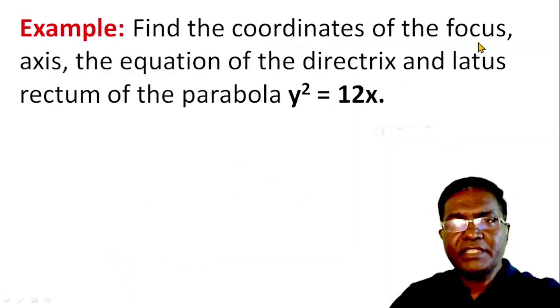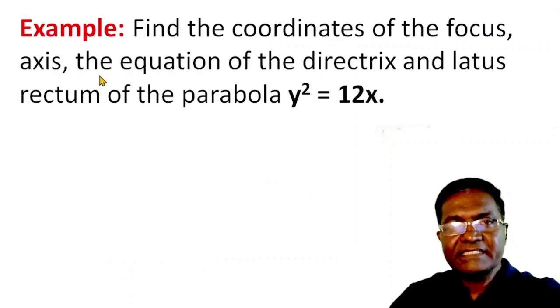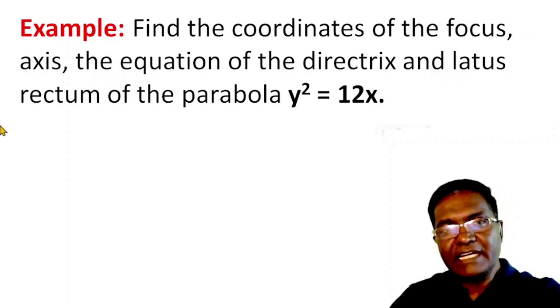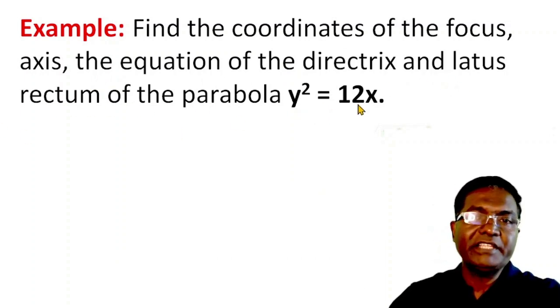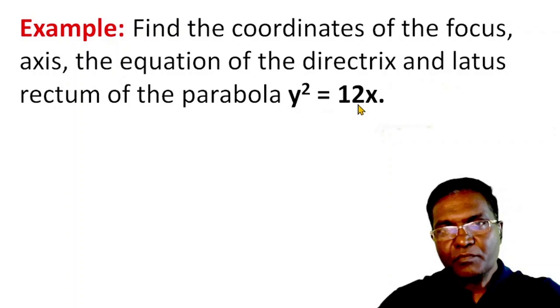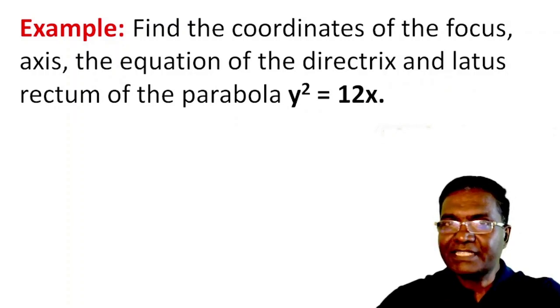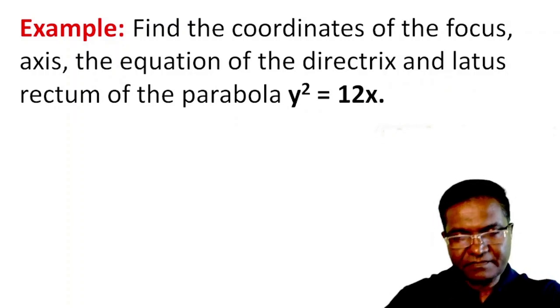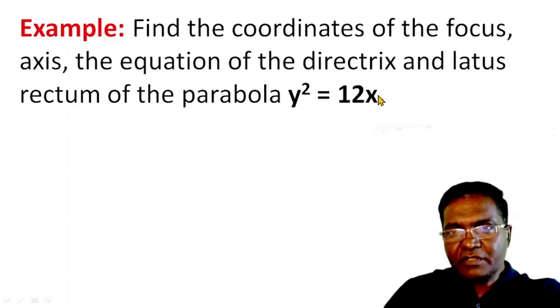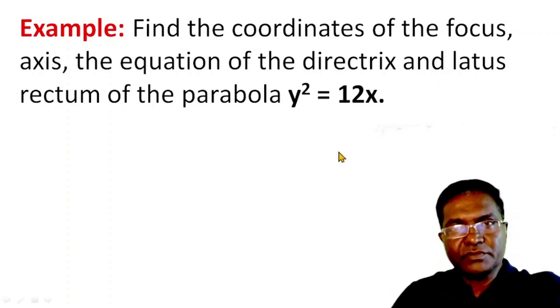Find the coordinates of the focus, axis, the equation of the directrix, and latus rectum of the parabola y square equal to 12x. Pause the video and do yourself. Again, look at the coefficient of x. It is positive. So axis is positive x-axis.